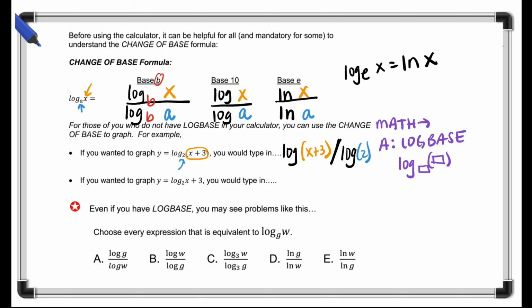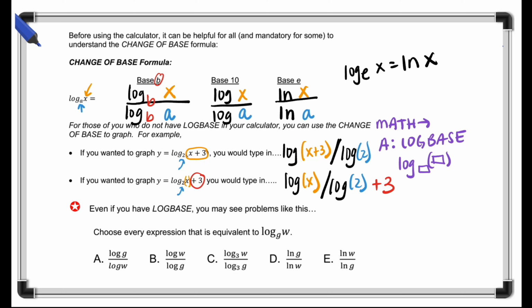Now, in the second option, in order to rewrite, you would do log. Be mindful of what exactly your argument is. Your argument is only the x because you don't have parentheses. And then you would divide by the log of your base, which is 2. And then you would take the plus 3 and add it at the end. So again, if you don't have this log base option, you would have to use your change of base formula.